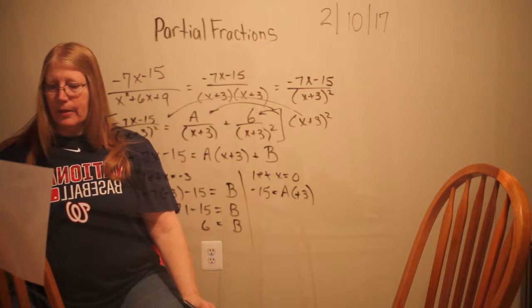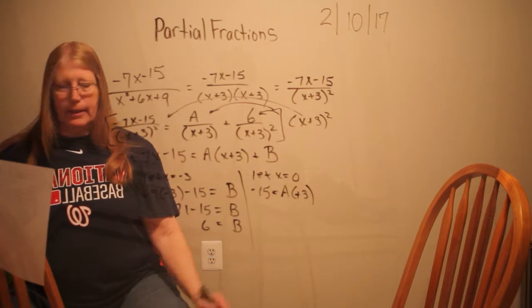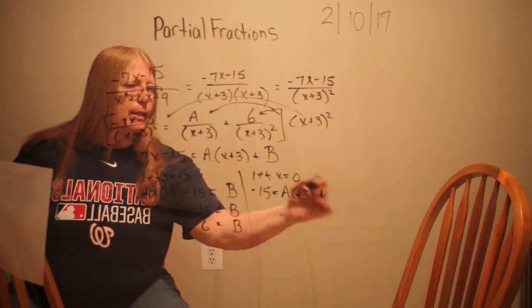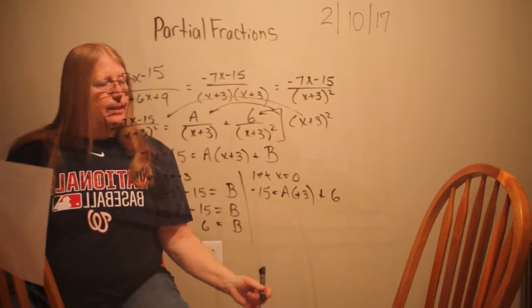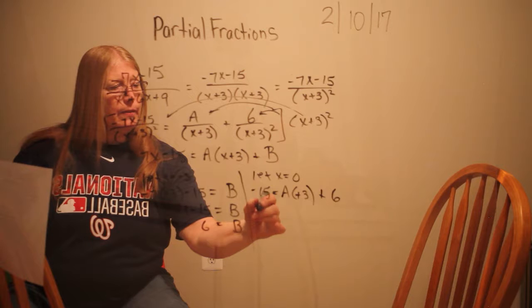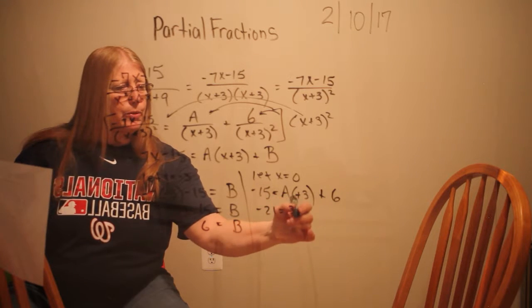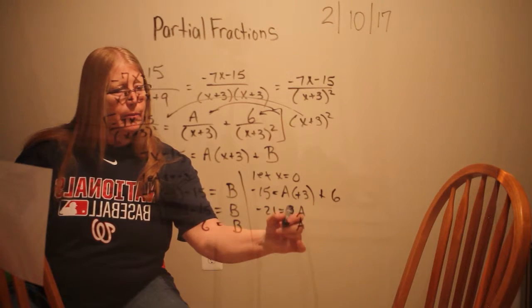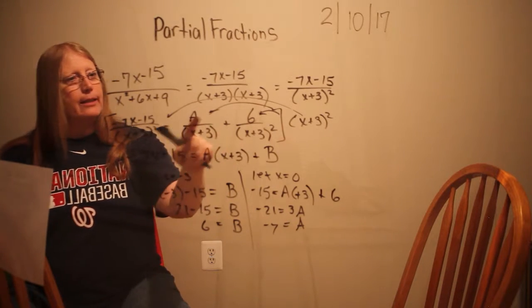We know what b is because we just calculated it to be 6. So instead of putting a b here, I put a plus 6. Let's move the 6 over. Minus 21 equals 3a. Divide by 3, and we get a equals minus 7.